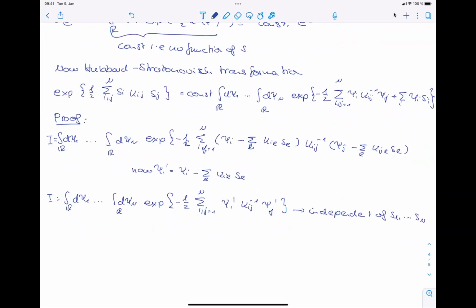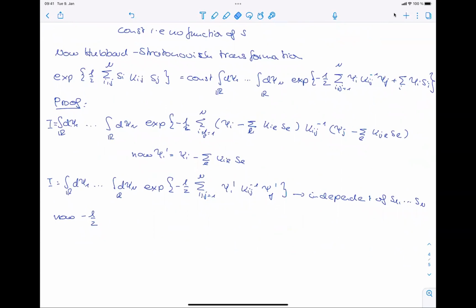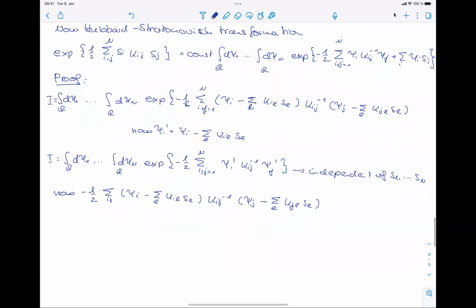Now we can rearrange the right-hand side that we assumed here to see that what we had written down was the following terms: the sum over L of K_iL s_L, times K_ij inverse, times the sum over L of K_jL s_L.